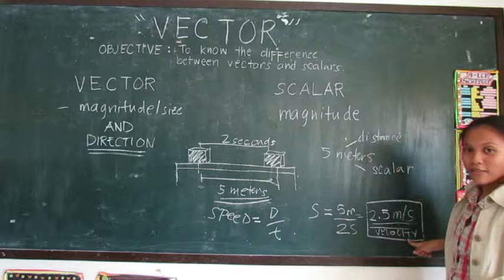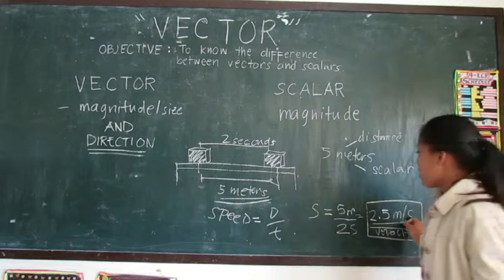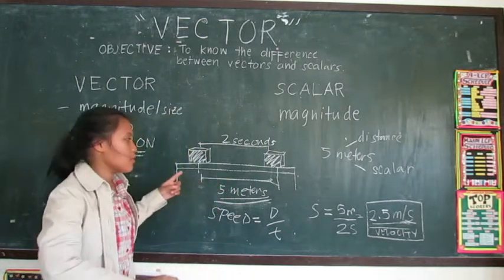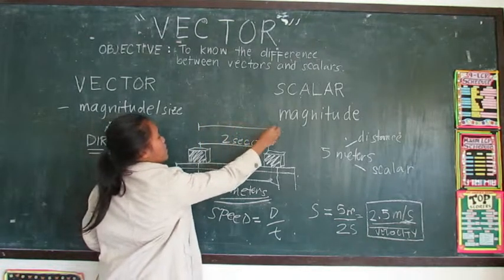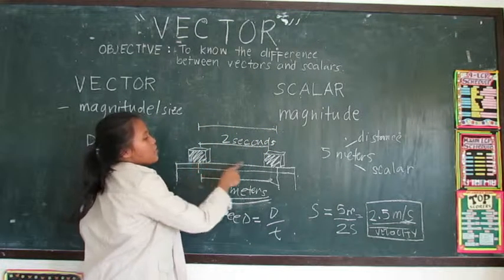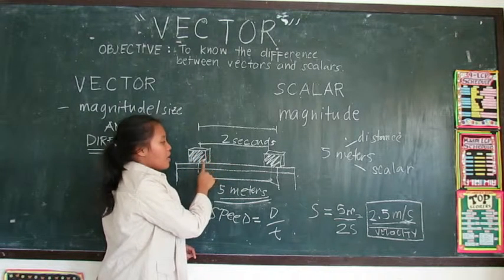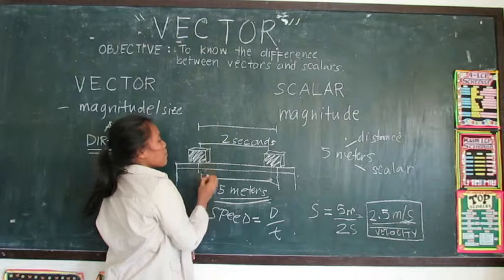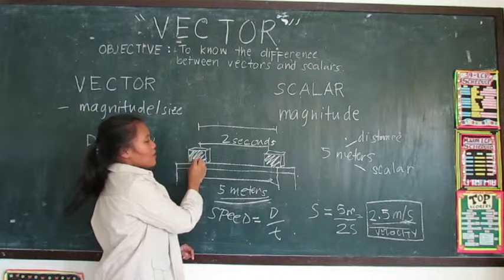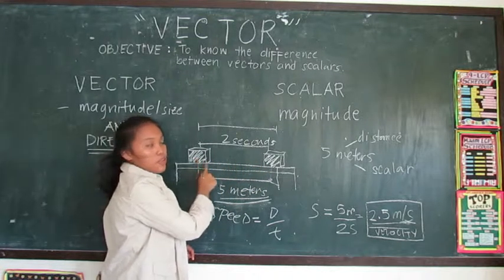So let's just say that the information includes that the box traveled from here to there. So the direction, I will give a direction. Example, the box traveled from here to there, to the right.